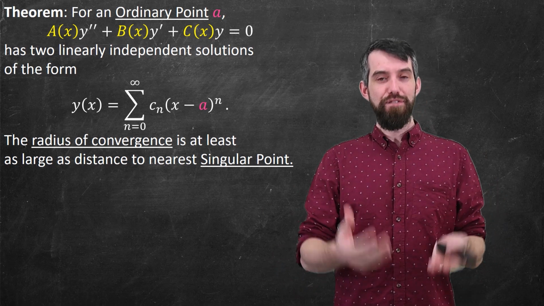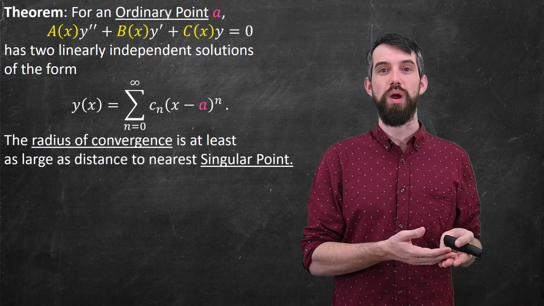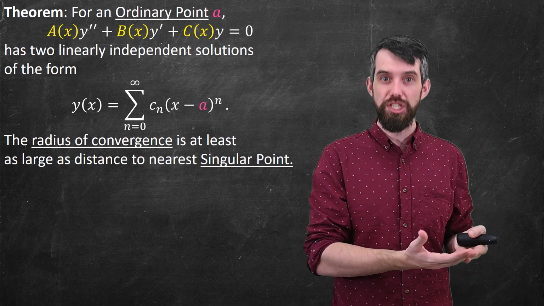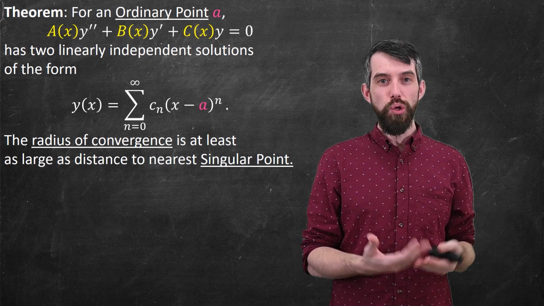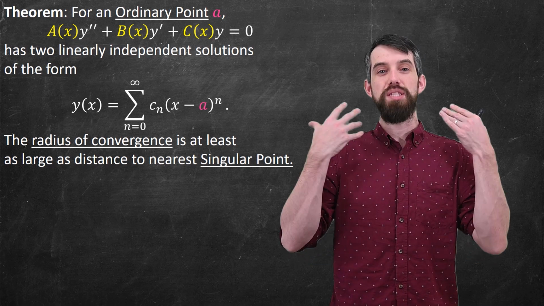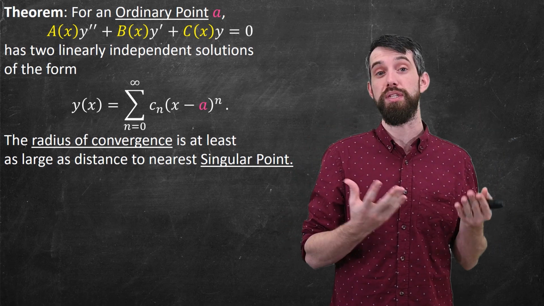This is, in effect, an existence theorem, very analogous to many existence theorems we've seen in the past, where it says that if you have a second-order differential equation with certain conditions, then you get two linearly independent solutions. What's new about this theorem is that the solutions are series solutions, so we get two linearly independent series solutions.